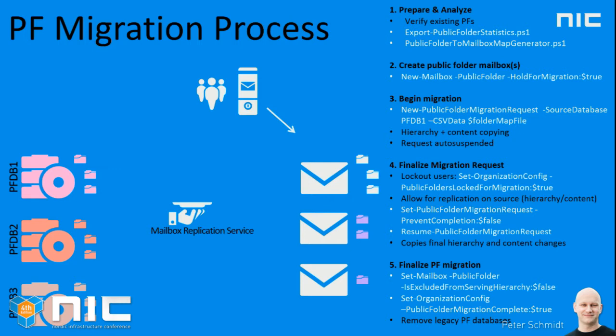A few steps in between here, you can actually go in and set a certain user in Exchange 2013 or Exchange Online and give them access to your public folder data, because then they can go in and verify the content is okay before you run the set organization config with the migration completed through. When you do that, everyone in the organization has access to the new public folders.